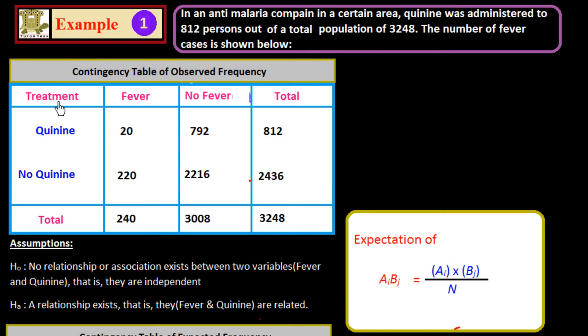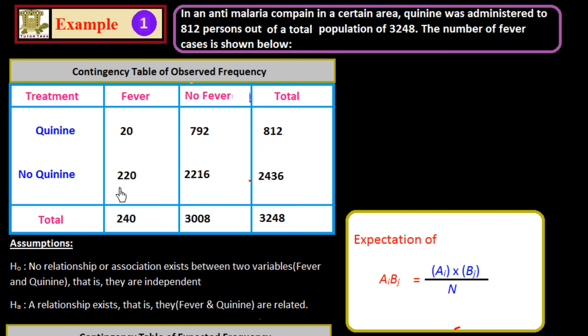We have two variables, one is fever and another one is quinine. Quinine is the treatment. In this table, the persons who are suffering with fever and given quinine is 20. The persons who are not suffering with fever and given quinine is 792. The total persons who were given quinine is 812.